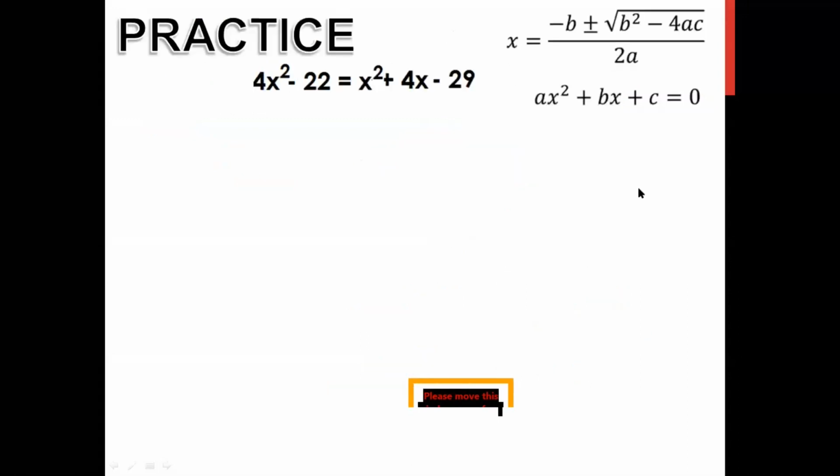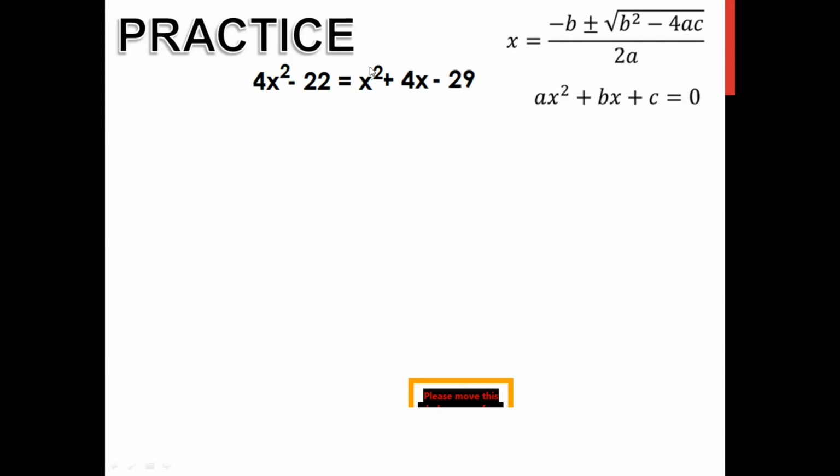Okay, let's practice. For x squared minus 22x is equal to x squared. You can pause this video if you want to try to practice this equation, and then resume this video if you want to check your answer. Okay, let's proceed. Let's change the equation to general form. So transpose all sides into our positive highest degree.